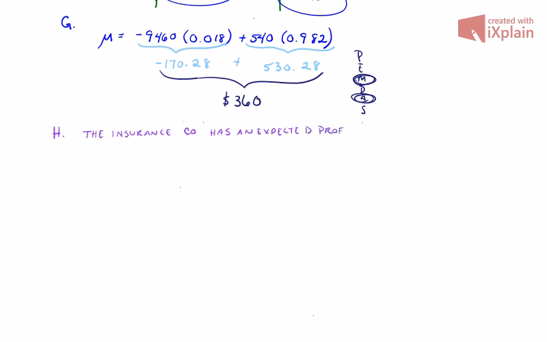Let's go a little bit more specific. Has an expected profit of $360 from John's policy with them.